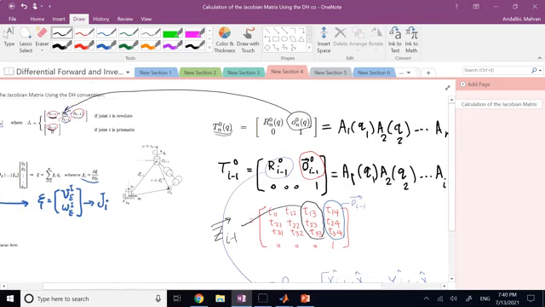And done. So you see, once you have the T matrices in the DH method, all you need is to look into the third and the fourth column of the T matrix. That will give you everything you need to calculate the columns of the J matrix, and then put them side by side, and it's over.